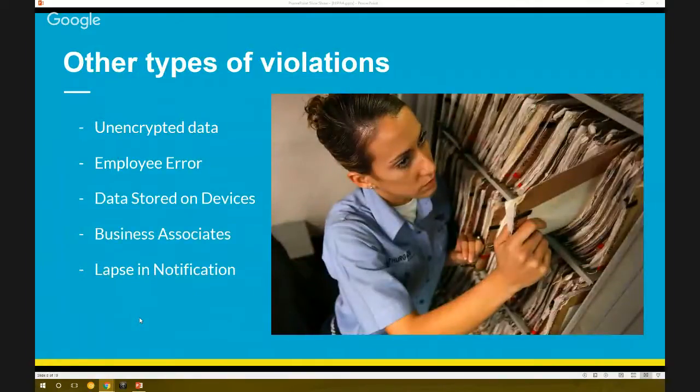And then there are other types of violations like unencrypted data, employee error, data stored on devices, business associates, and lapse in notification. Unencrypted data is breaches that have not been reported.